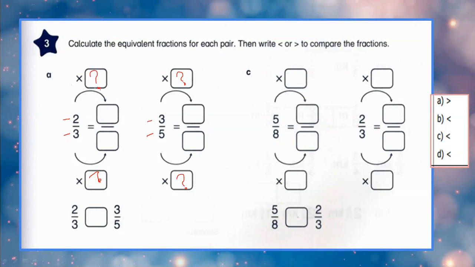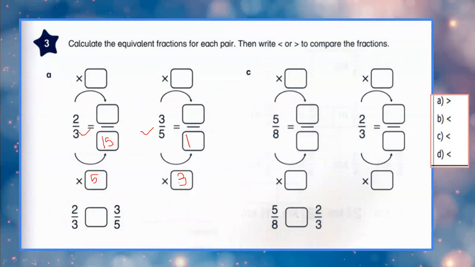So which one will be here? This is 3, this is 5. If I multiply this 3 by 5, what comes here? 15. And if I multiply this 5 by 3, what comes? Which number am I choosing here? 3.